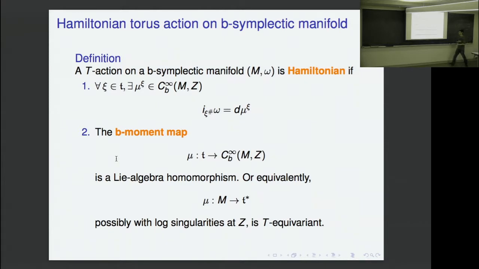And as usual in the symplectic case, we will also have this moment map from the manifold to the dual Lie algebra, and this will possibly have log singularity at the singular locus. So the definition is the same as before, except that we now allow some mild singularity near the singular locus.